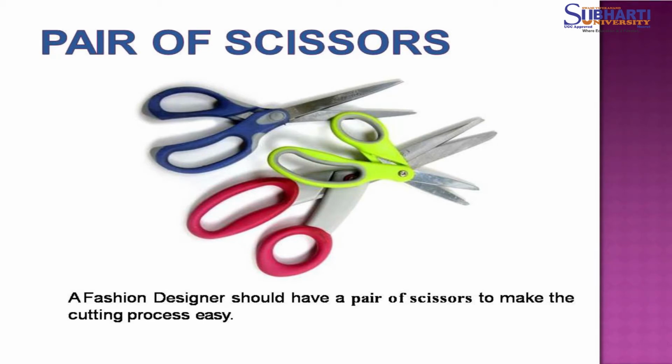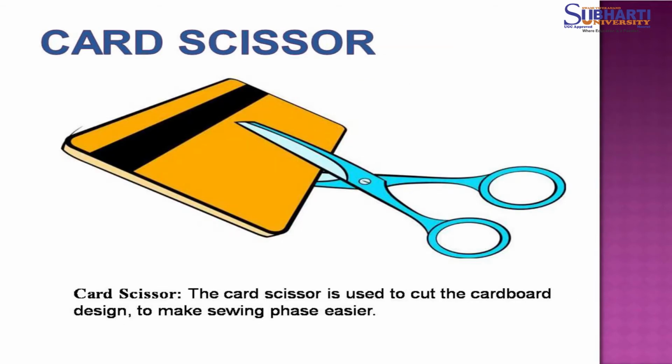Now scissors are also of various types. We should have different scissors for papers and cards, and different scissors for fabric. The card scissor is used to cut the cardboard designs to make the sewing phase easier.